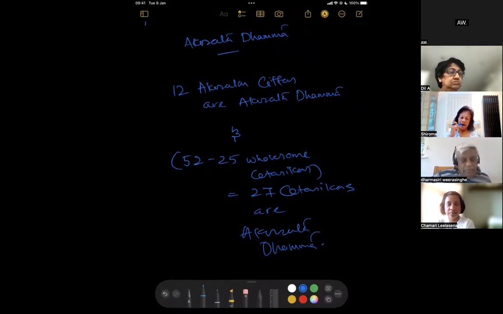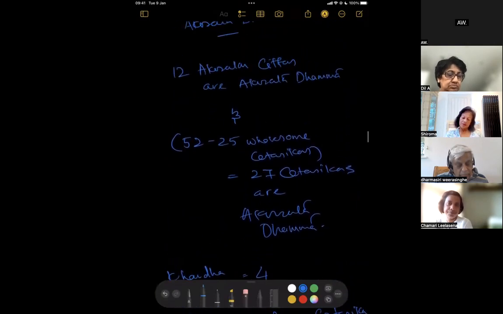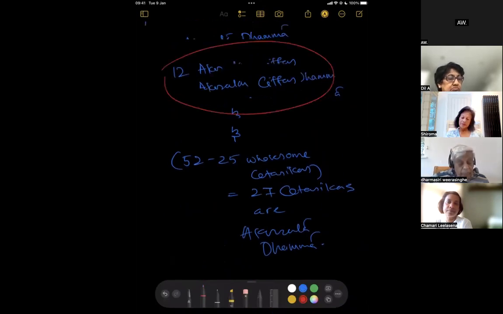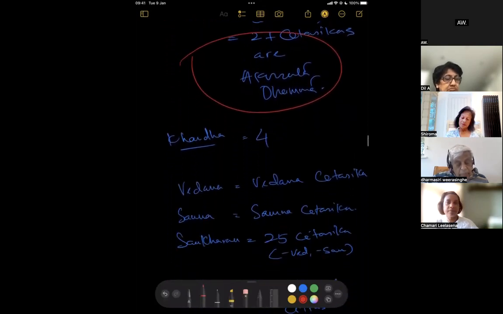The 12 Akusala Chittas are Akusala Dhamma, together with the 27 Chetasikas, that is 52 Chetasikas minus the 25 wholesome ones. So 27 Chetasika Dhammas are Akusala Dhamma, together with 12 Chittas.